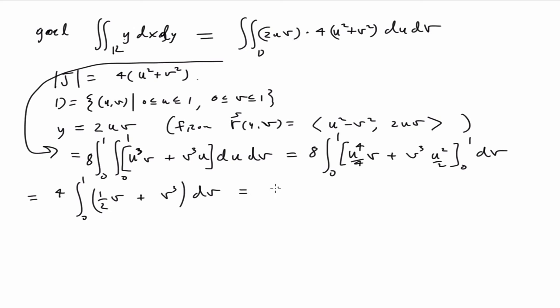And now finally, 4 times 1 over 4 v squared plus v to the fourth over 4, evaluated at 0 and 1, and we can compute that to then be 4 times the quantity 1/4 plus 1/4.